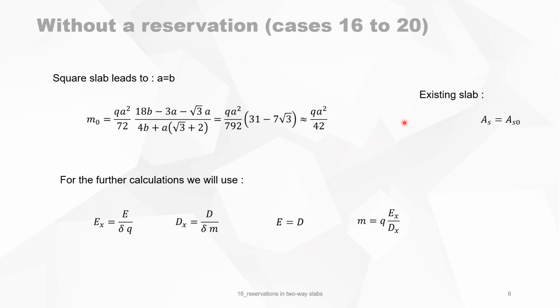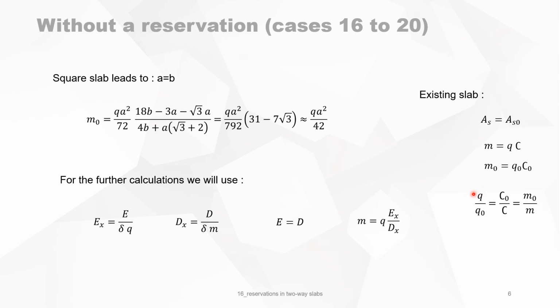Suppose an existing slab, so the reinforcement is there, AS0 is without the hole, AS is with the hole, but for an existing slab there's no hole, so those two are equal. The bending moment is the load times a factor depending on geometry. The maximum bending moment without a reservation follows a similar equation.